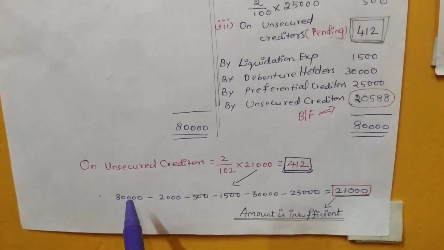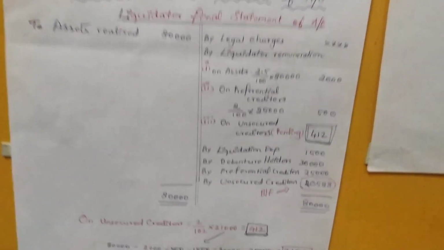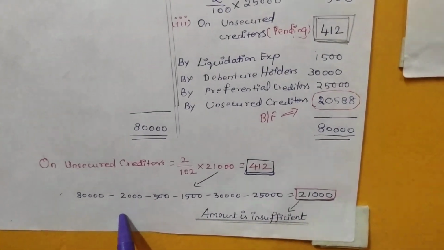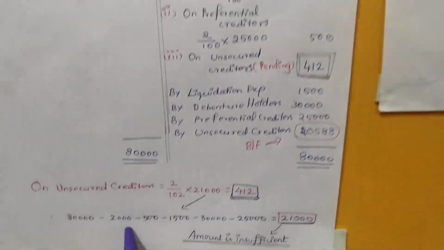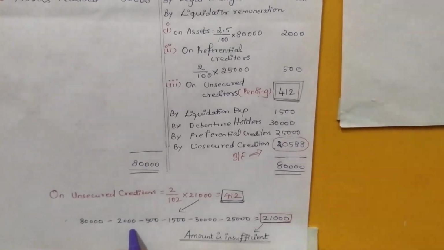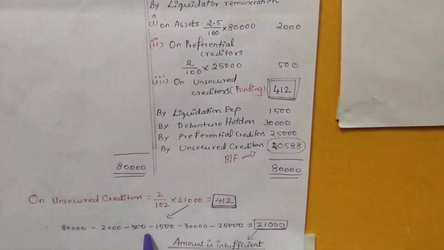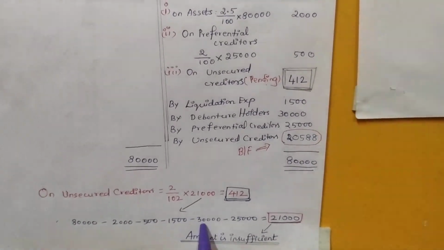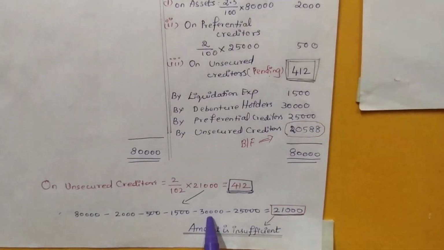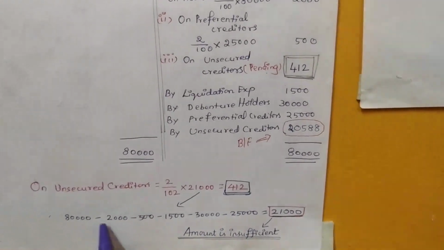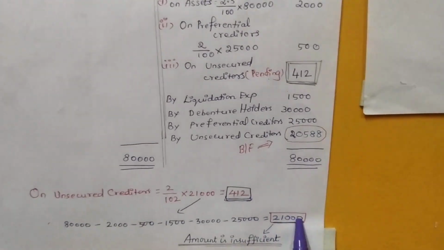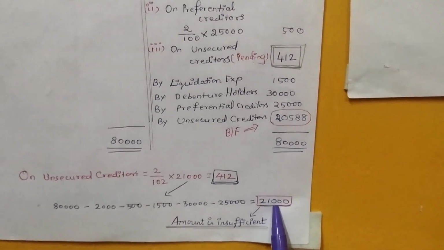Come here, 80,000, which is nothing but assets realized. First, liquidator remuneration 2,000, second, on preferential creditor 500, next 1,500 liquidation expenses, next debenture holder 30,000, next preferential creditor. If we deduct all these expenses from 80,000, you get how much? 21,000.